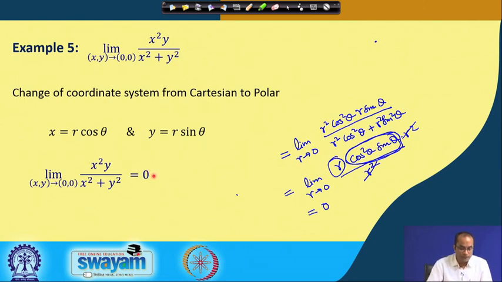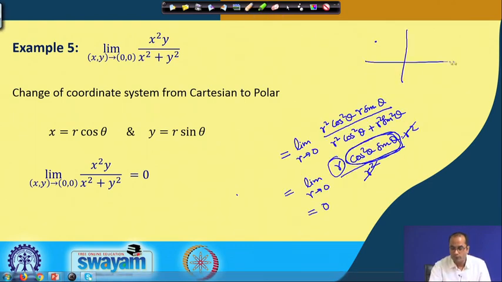That is what I said: changing the coordinate system is very helpful. In this particular case, one might get confused that approaching this point along the line y is equal to mx will also give the limit as 0, but there we have fixed the path. So, y is equal to mx are the straight lines approaching the point (0, 0).